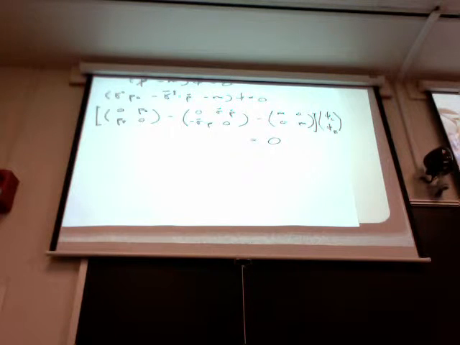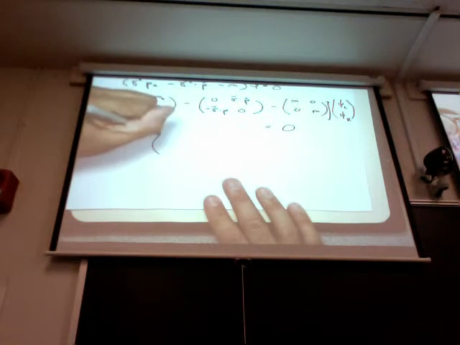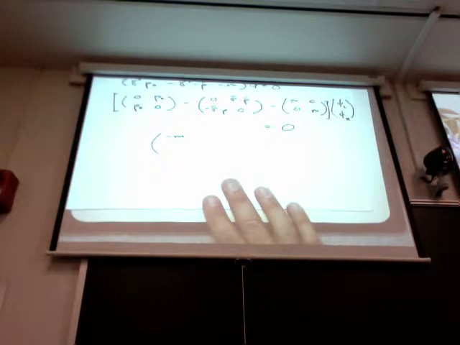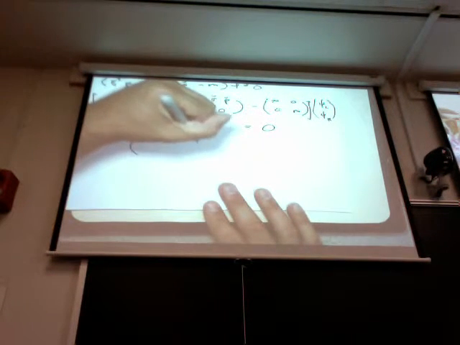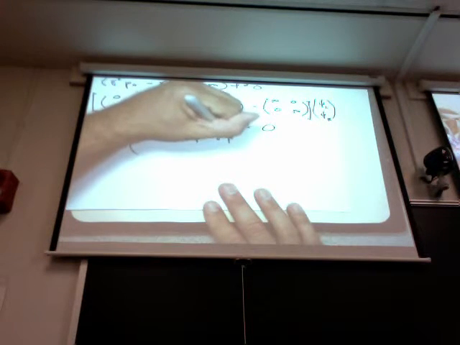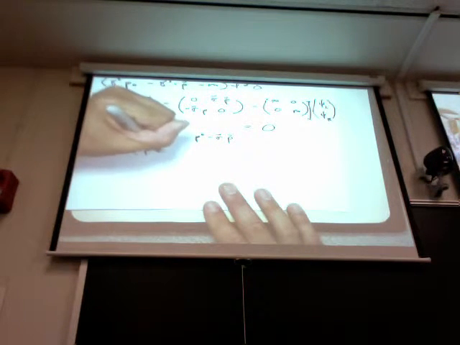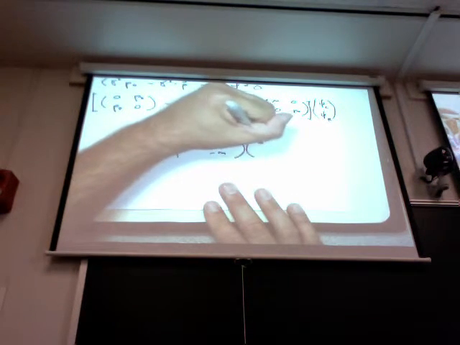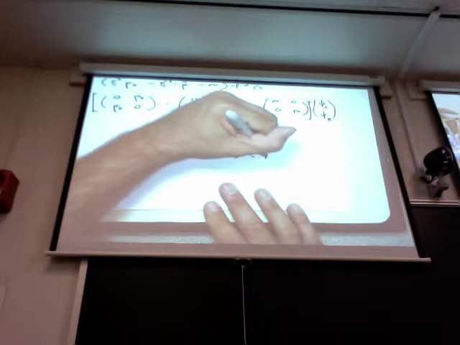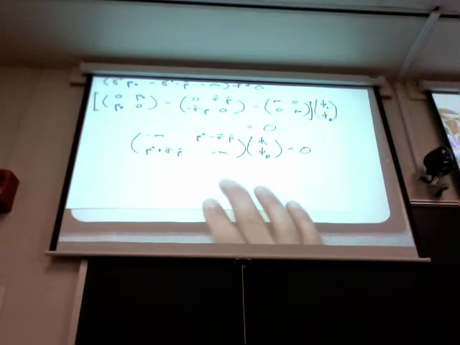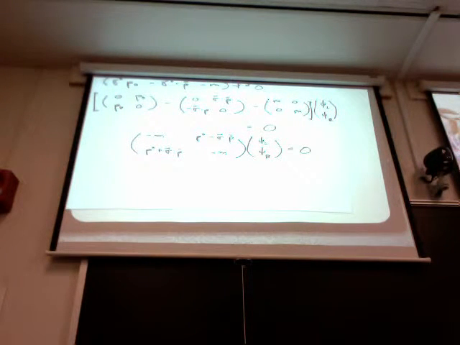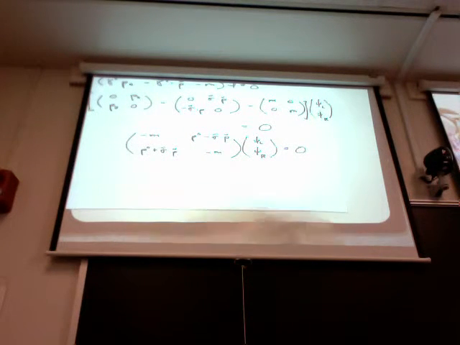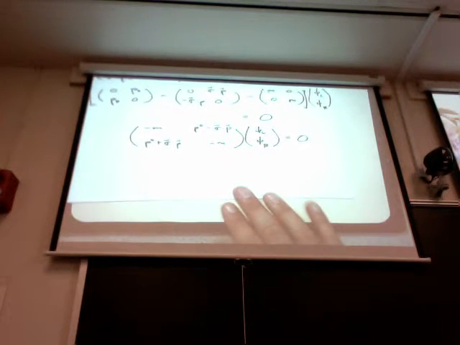I can combine this into one big matrix. On the diagonal components I just have minus m, and here I have P0 minus sigma dot P, and here P0 plus sigma dot P, minus m, operating on psi L and psi R. This represents two equations, so I can multiply it out.